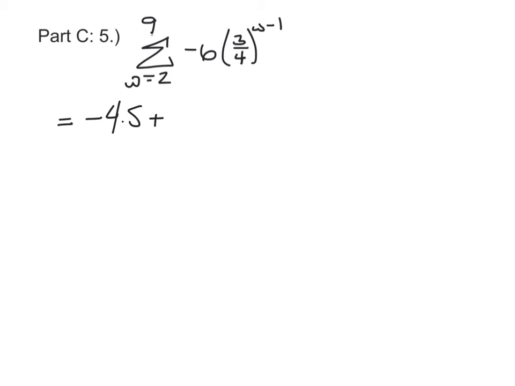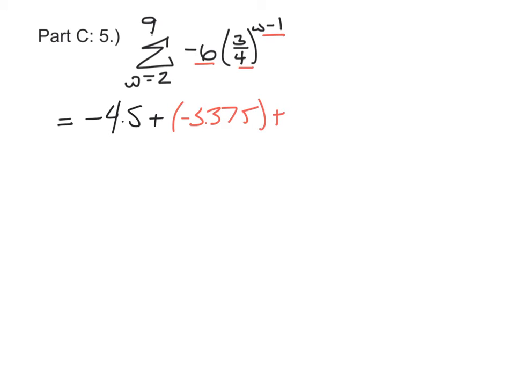Now do it again. Well, I can see just by looking at the expression, I got a1 times common ratio to the n minus 1. That just means I'm going to keep multiplying by this 3/4. So negative 4.5 times 3/4 is negative 3.375.